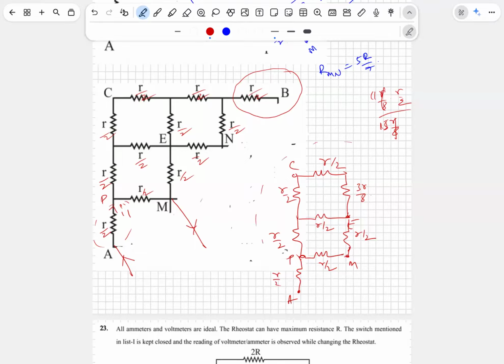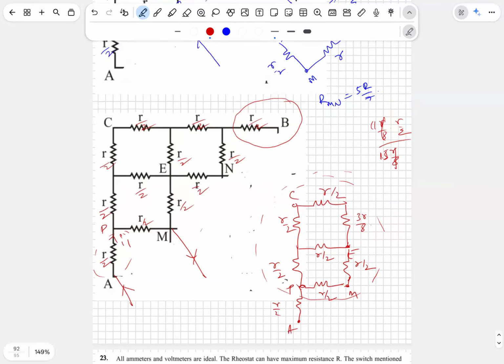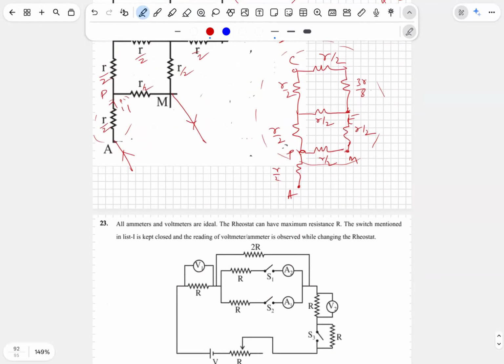Now tell me, what about the entire piece? Trust me, you will get the answer. This is how you should break the circuit into parts. So you should ignore. Any doubts? Right.